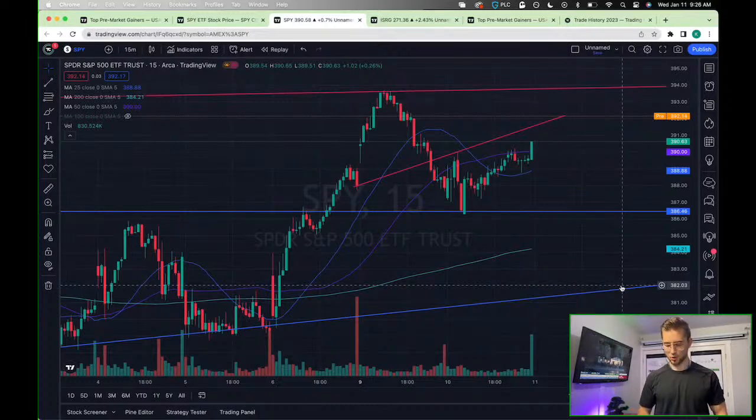Caterpillar's coming in, Boeing's coming in. Pins is still pushing higher. UAL, we're flat on the trade. Oh my goodness. So we're letting pins push a little bit higher.